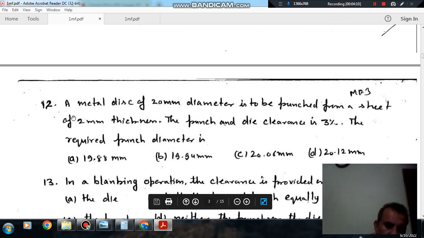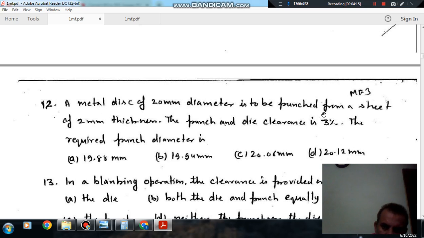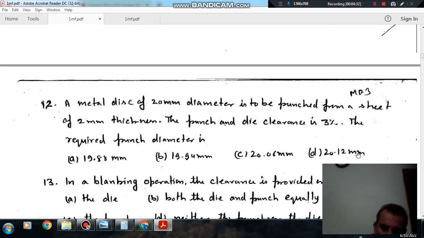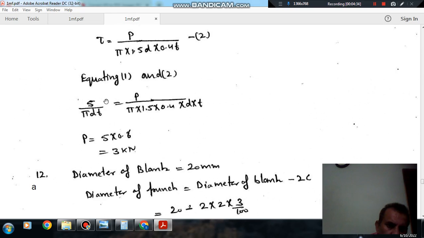Next, question number 12. A metal disc of 20 mm diameter is to be punched from a sheet of 2 mm thickness. The punch and die clearance is 3%. The required punch diameter is option A 19.88 mm, option B 19.94 mm, option C 20.06 mm and option D 20.12 mm.